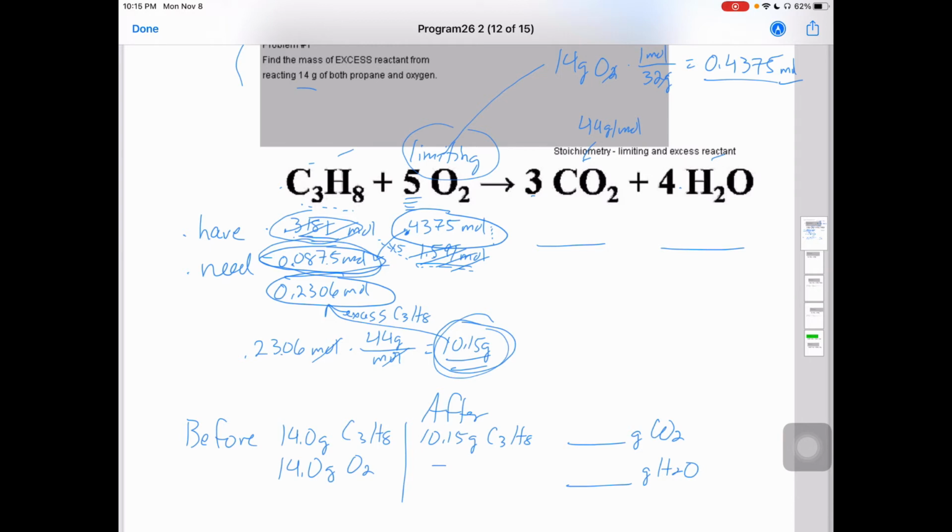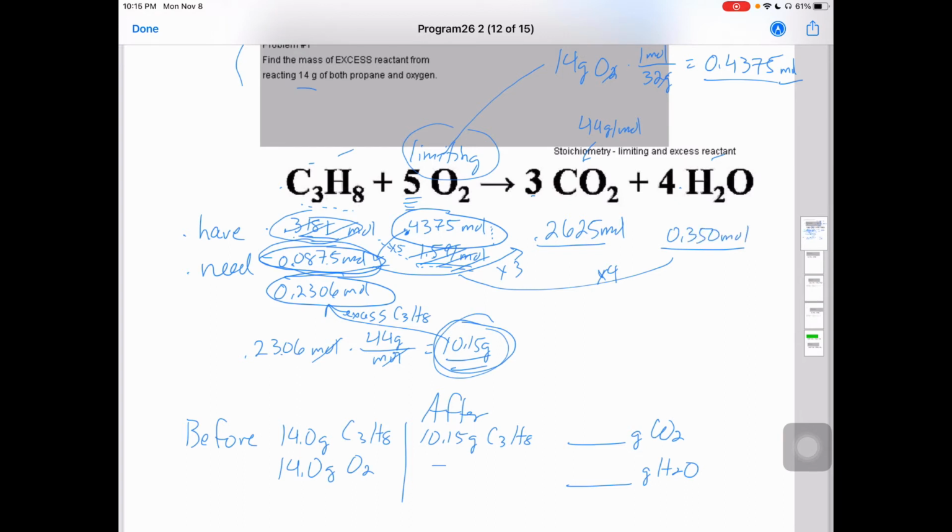So this 0.0875 is going to be times 3 as much, which is 0.2625 moles. I'll convert that in a moment. And then it's times 4 for the amount of water, which is 0.350.